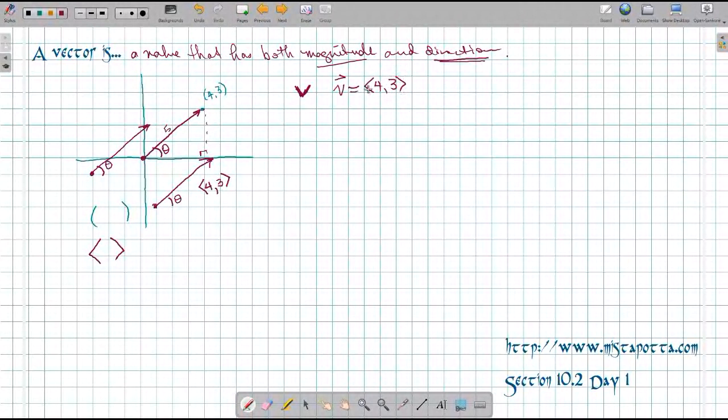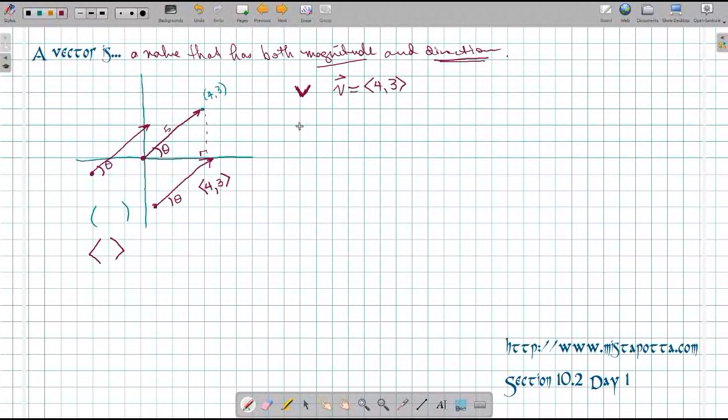And so when we talk about these vectors, we're talking about the magnitude. Keep in mind these magnitudes are basically the hypotenuse of right triangles.